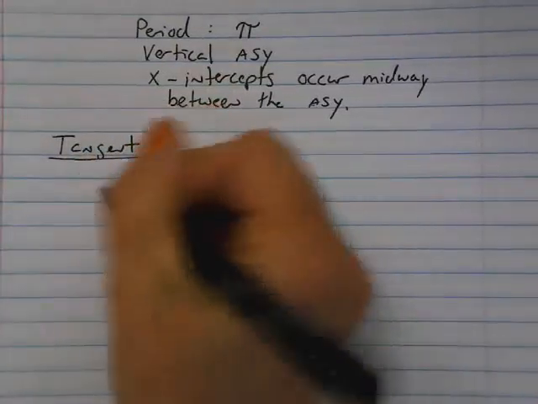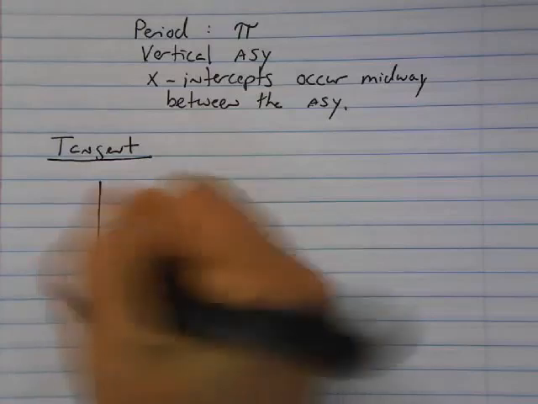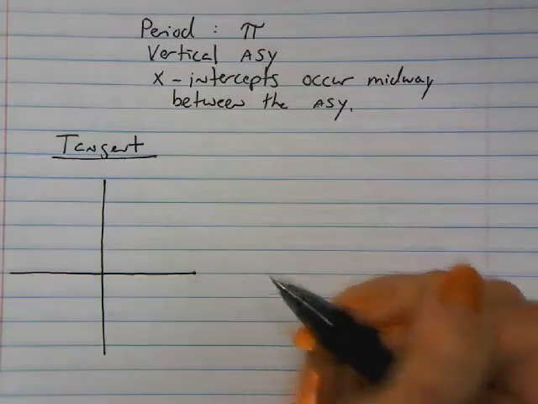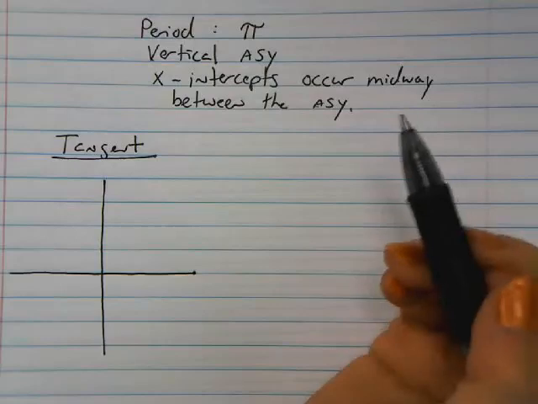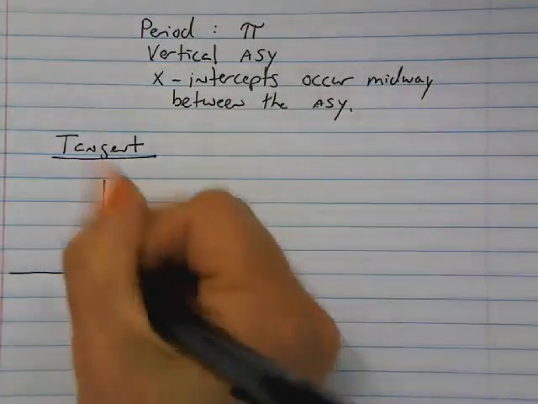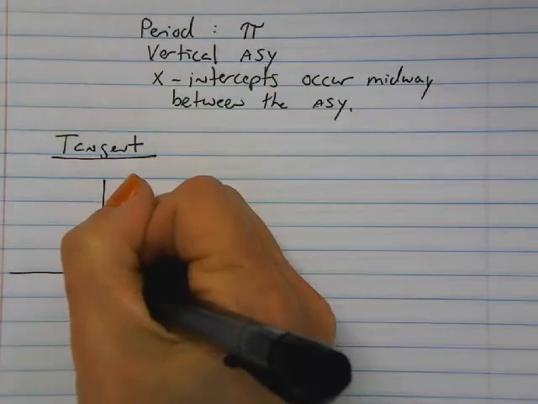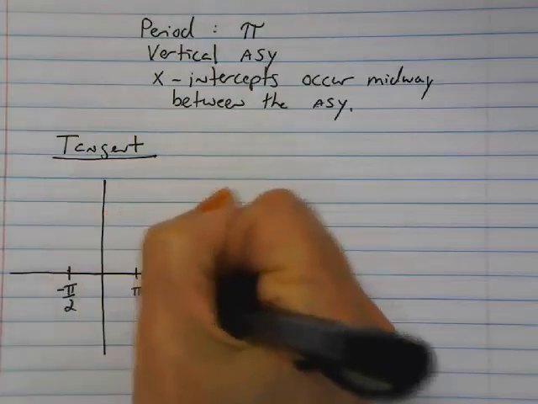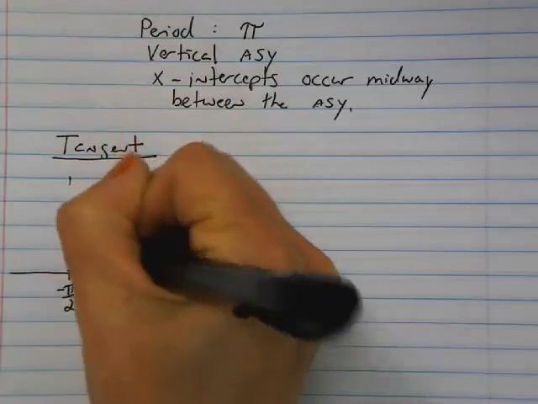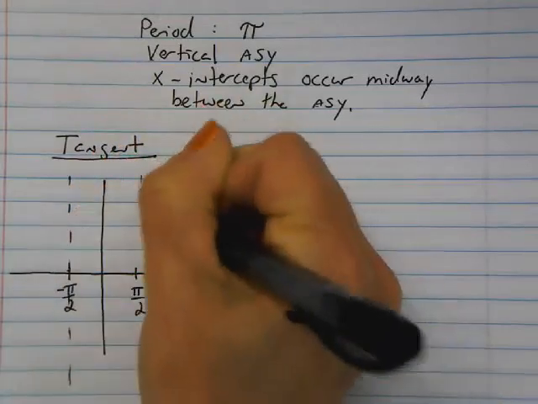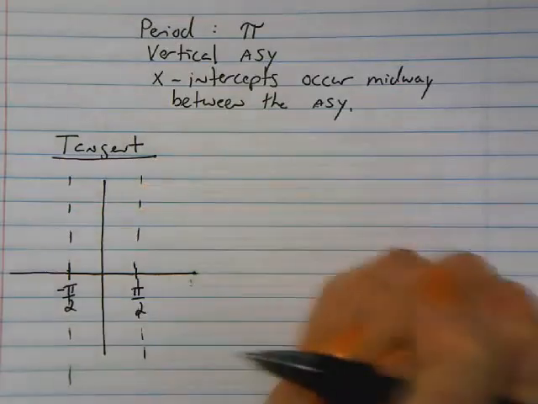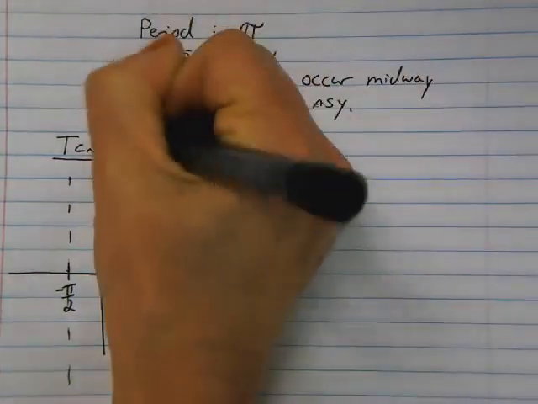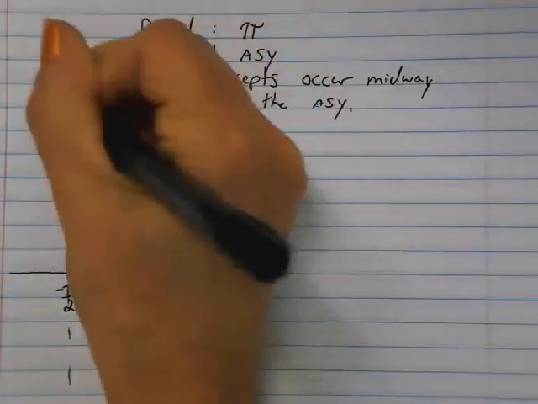Alright, so first let's look at the tangent curve. This curve repeats itself every pi interval. Now, it has these vertical limitations again, and they are going to be at pi over 2 intervals.